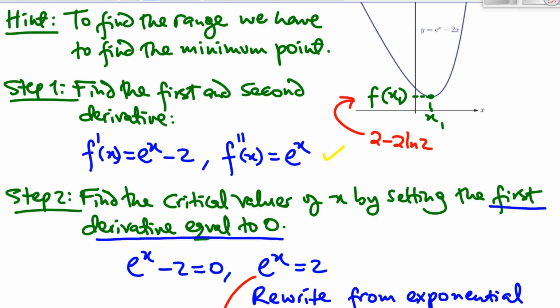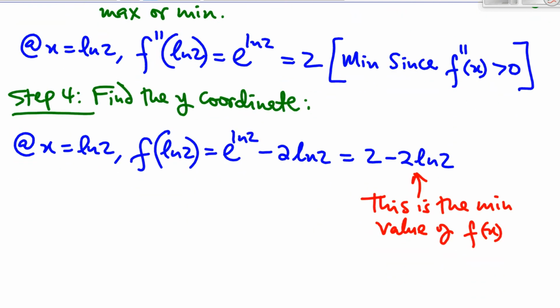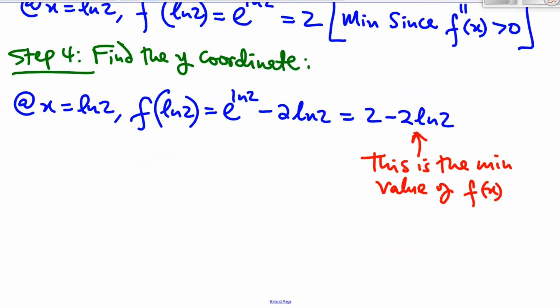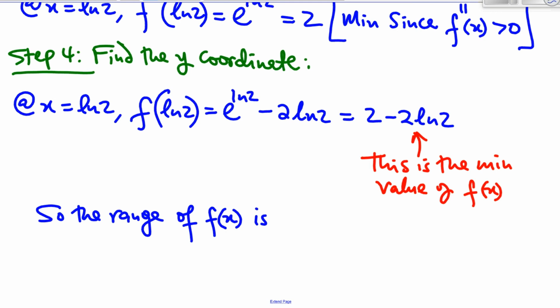So we can now finish off by writing the range. The range of f(x) is y ≥ 2 − 2 ln 2.